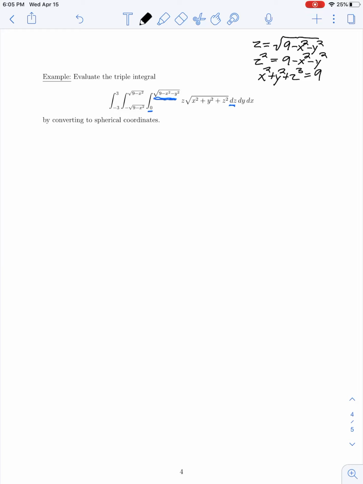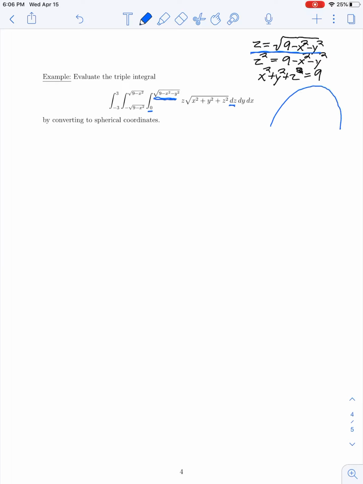We recognize that as the equation of a sphere centered at the origin of radius 3. And here, since z was being described as the positive square root of that value, that means we're only considering positive values for z. So here we're just working with the upper hemisphere.